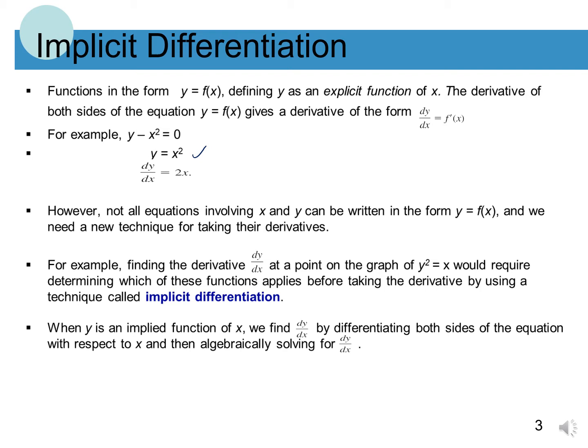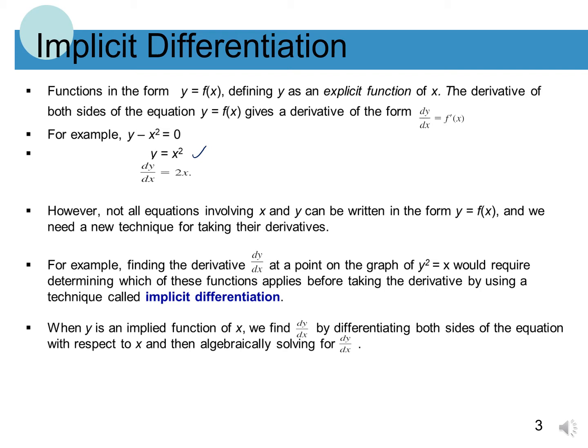However, not all equations involving x and y can be written in the form y equal to f of x. In some cases, the derivative dy over dx at a point on the graph of, let's say, y squared equal to x will require us to determine which of these functions applies before taking the derivative.